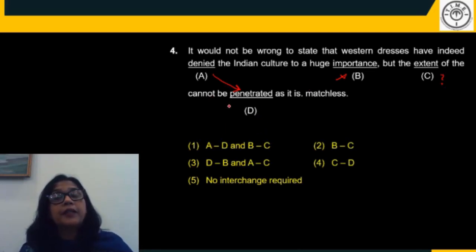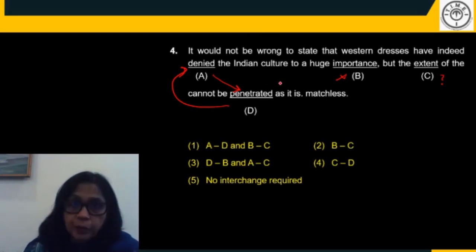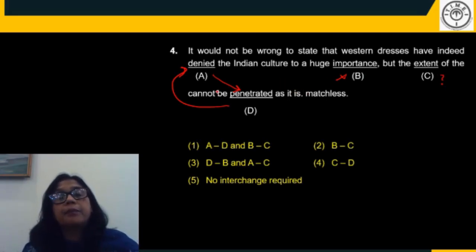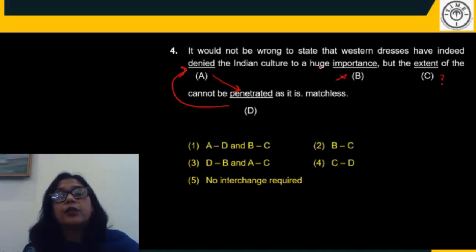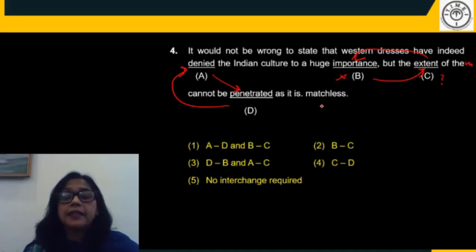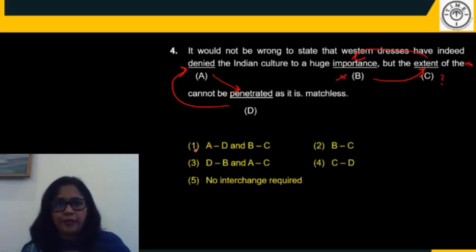Now if we place penetrated here, it would not be wrong to state that Western dresses have indeed penetrated the Indian culture, have become part of it, have come into it, to a huge extent, but the importance of them cannot be denied as it is matchless. So the correct way to read this sentence is when we interchange A with D and B with C.